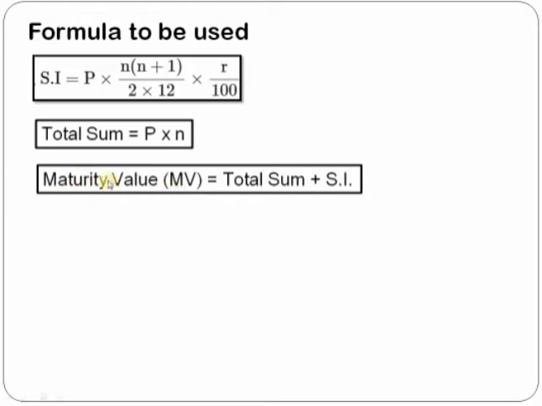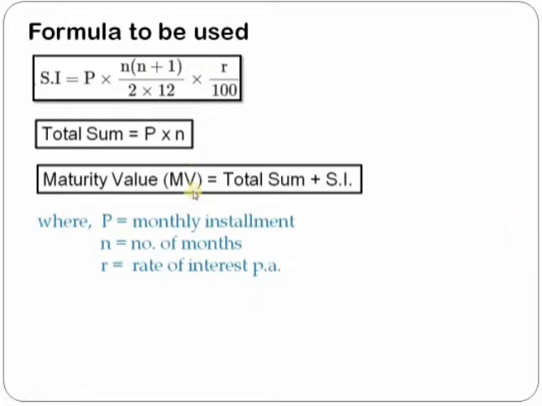So the formula for maturity value will be total sum, however much you have deposited, plus the simple interest, that is the interest you get using this formula. These are the three formulas that you need to remember in this chapter. And remember, R here stands for rate of interest per annum. You may pause the video and note down the formulas here.